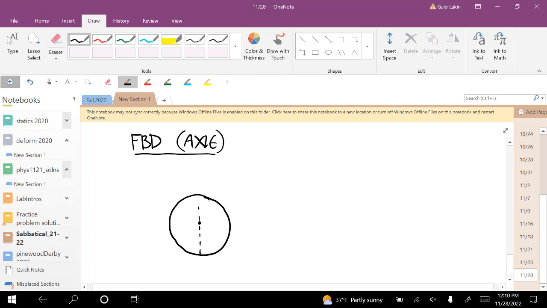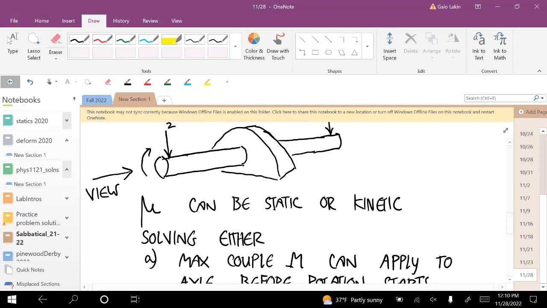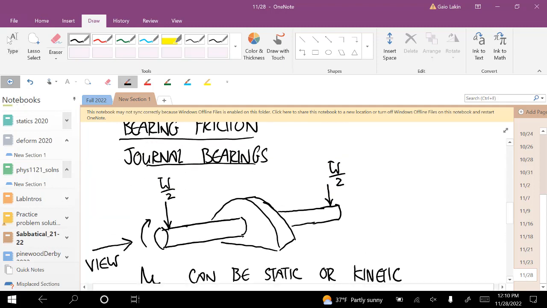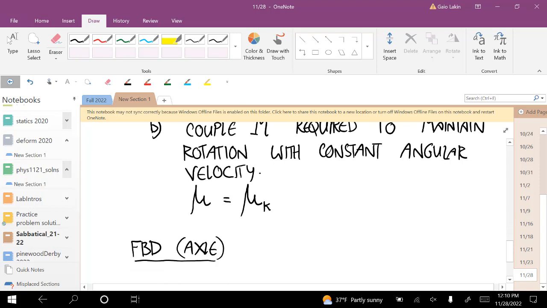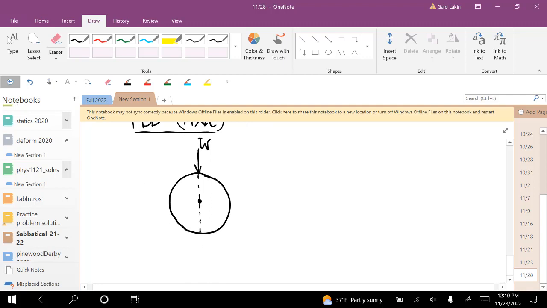I'm going to draw a center line because that's going to be important to all this. And since we're isolating the whole axle, you don't have to worry about dividing it up into two different weights over two. We're dealing with both of them, so we just have a straight weight down. And the motion is this way. I'm trying to draw that far from the body so you can tell that's not a load on the free body diagram.